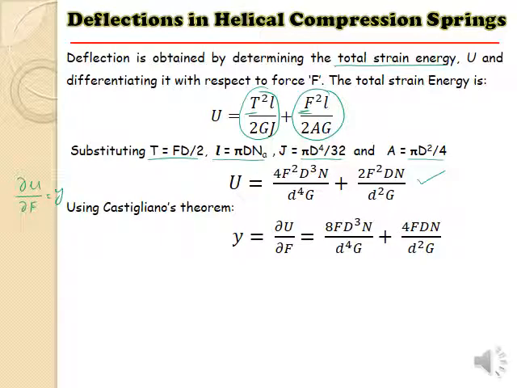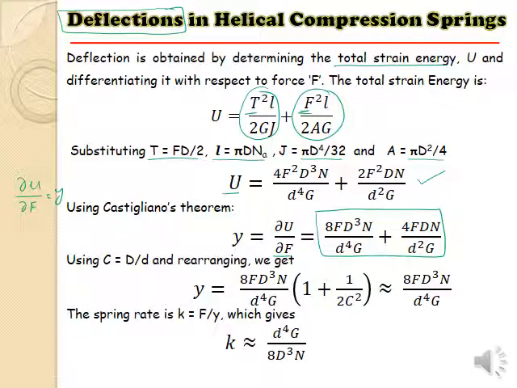Since we want to find the deflection, I have to take the derivative of this with respect to force. When we take the derivative with respect to force, we get this equation, and this equation defines the deflection in a helical compression spring when a compressive load F, which you have seen at the beginning, at the top and bottom, is applied.